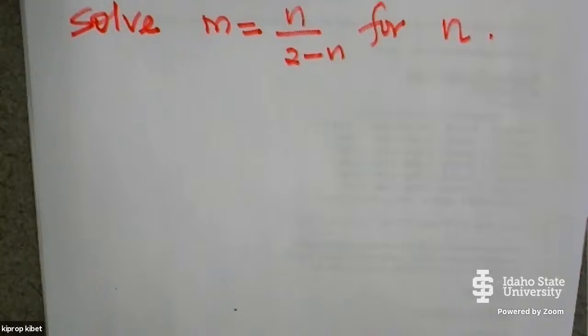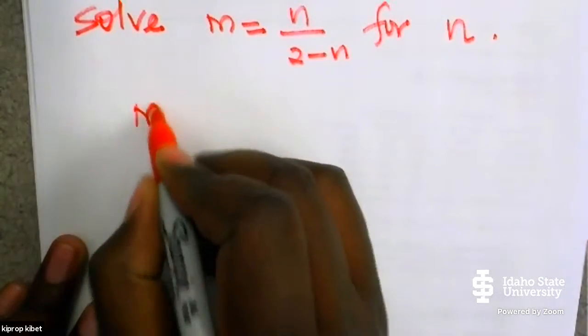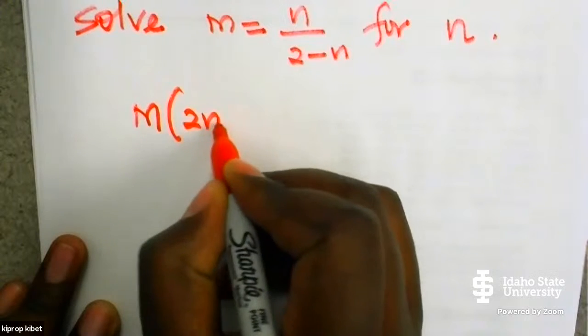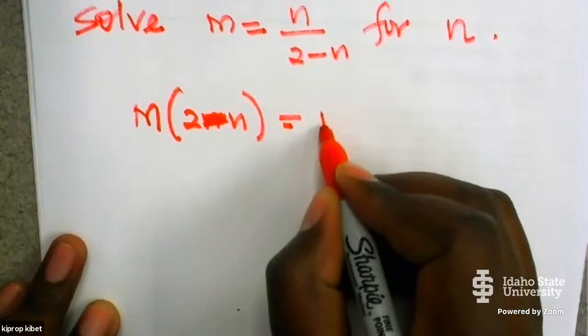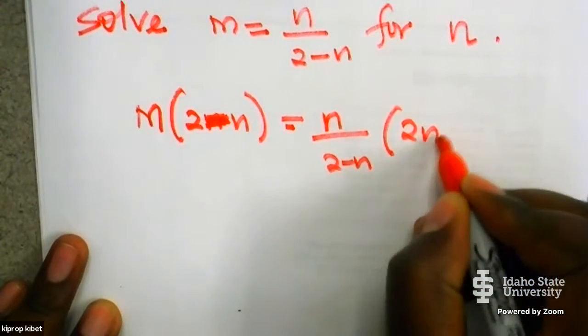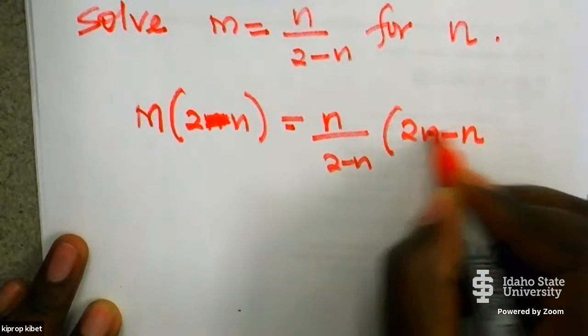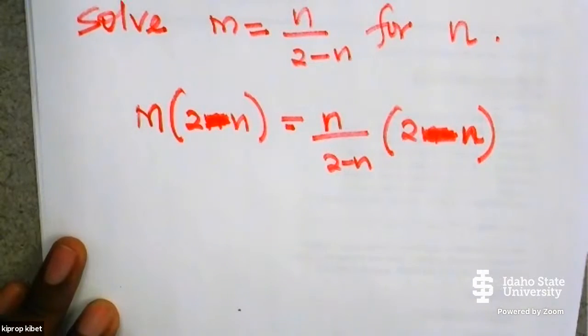Least common denominator there. And what is our least common denominator? 2 minus n. So you multiply by 2 minus n. So m multiplied by 2 minus n equals what? n all over 2 minus n multiplied by 2 minus n.